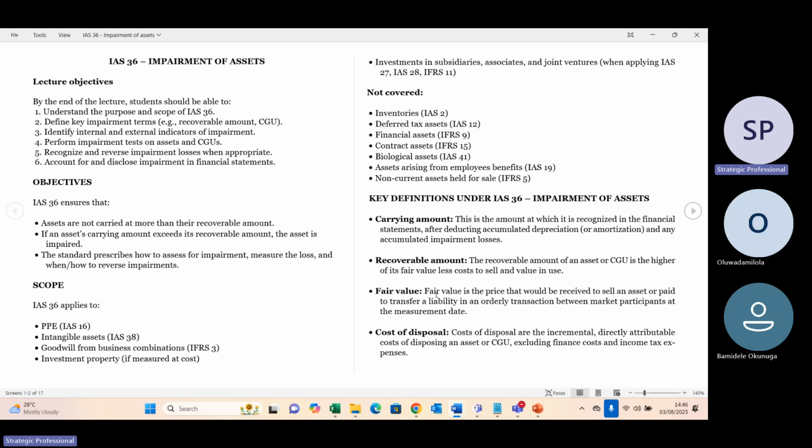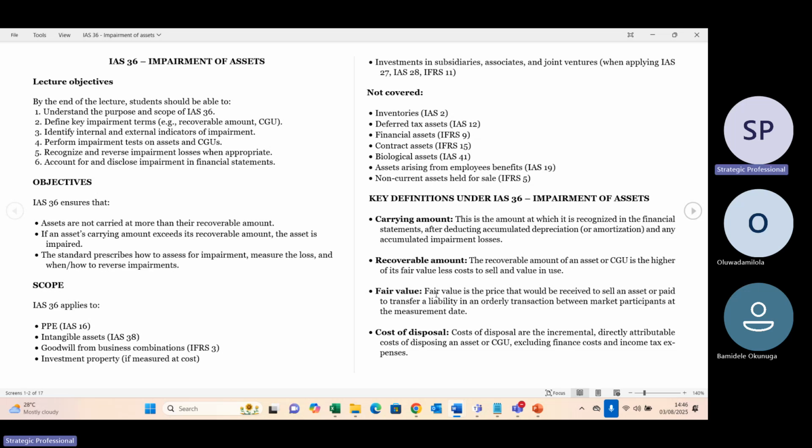For this level, nobody will be asking you to define. You won't really see many questions on define. At this level, you are expected to have technical knowledge and understanding of all the things standards are talking about. So all these definitions I'm currently projecting, it's expected that you should understand them.